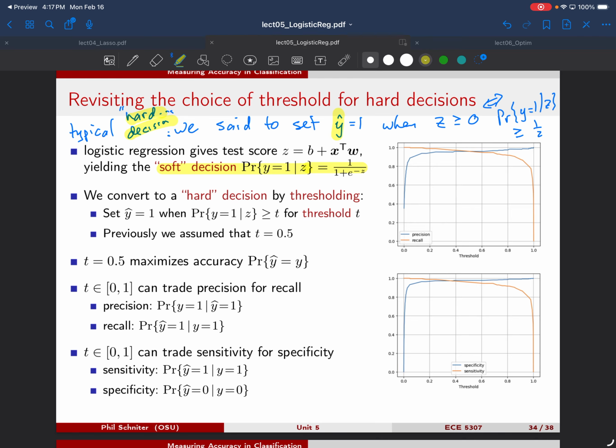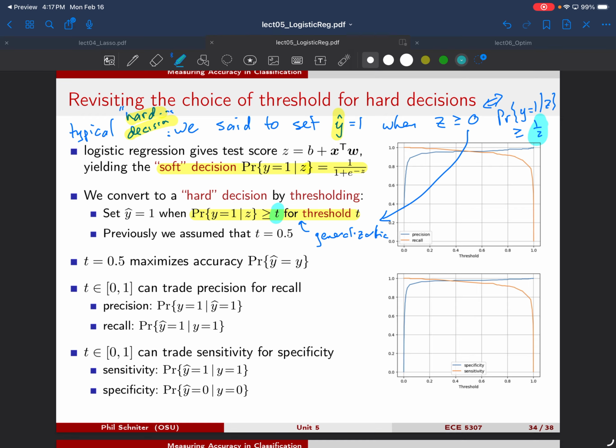We can instead, so this is a generalization of this, instead of choosing 1/2, which is what we're using over here, we can use some other number t, and we can choose t somewhere between 0 and 1.